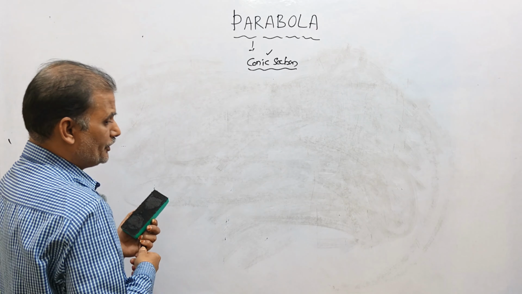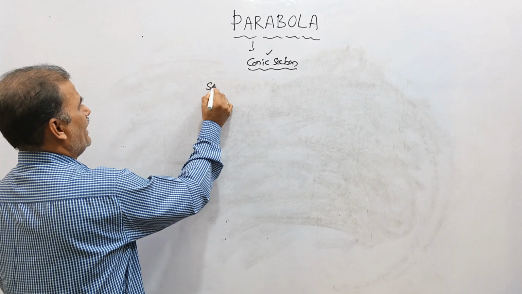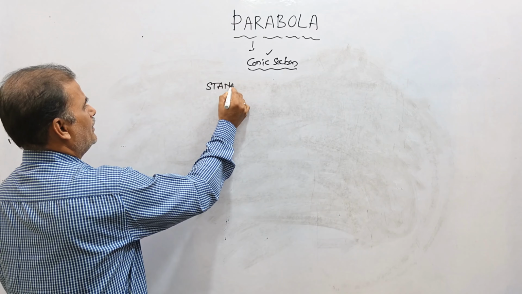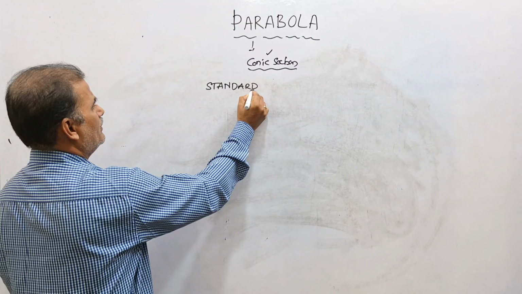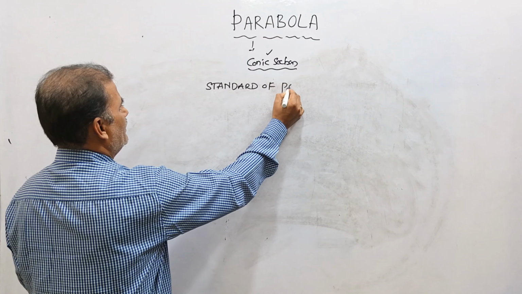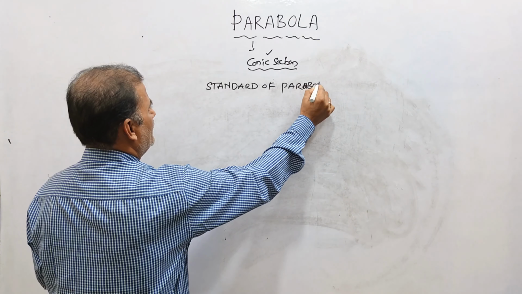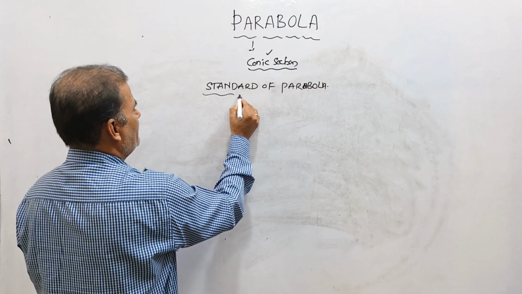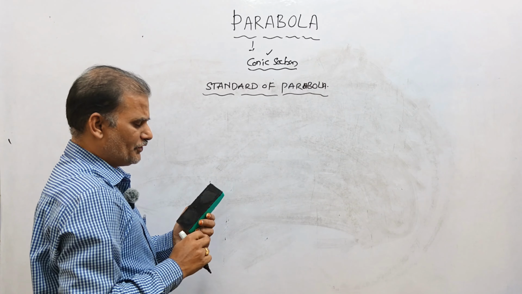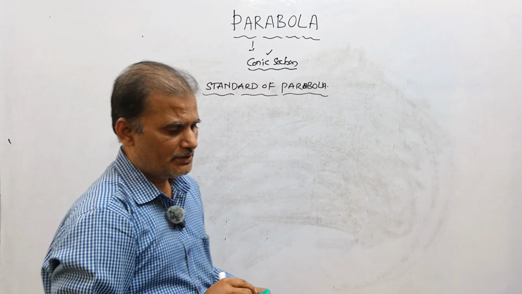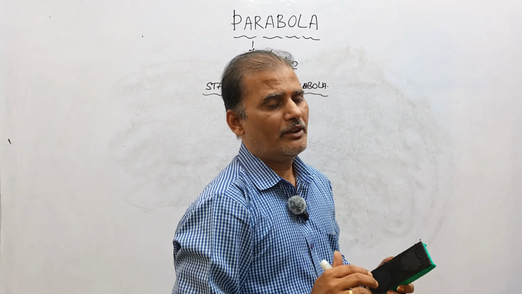Now we discuss about standard form of parabola. Standard form of parabola. You know y square is equal to 4ax. How do you obtain the standard form of the parabola?